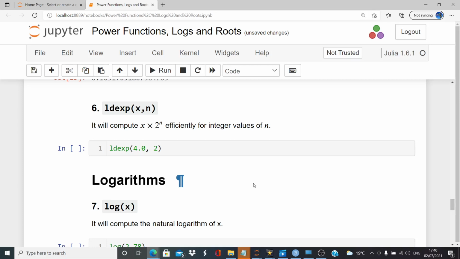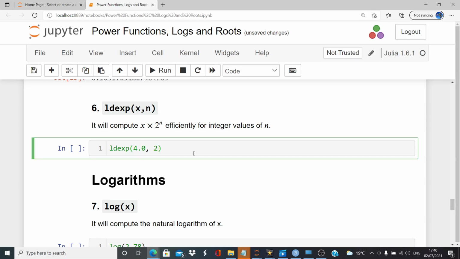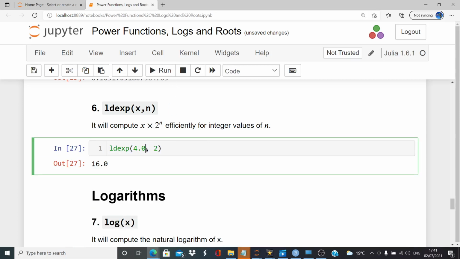This is another one, LDEXP of x and n. This will compute x times 2 to the n efficiently for integers n. So let's try that out. That is equal to 4 times 2 to the power of 2, and we get 16.